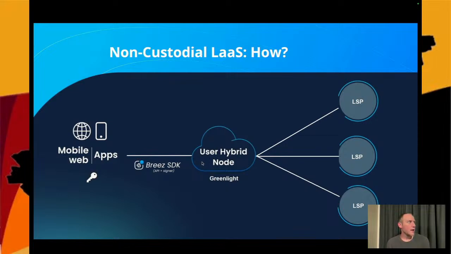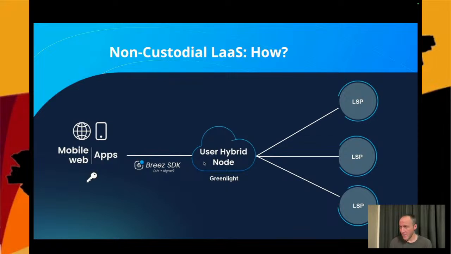Because a problem that you may have with running a Lightning node inside the phone itself is that it's hard for apps on a phone to communicate with each other. So if you have one app that wants to send a Lightning payment and the other app that needs to handle the Lightning payment, it's hard for these apps to communicate together.